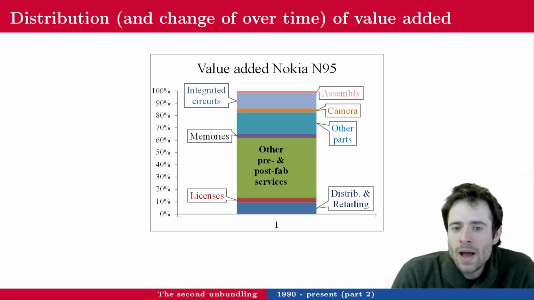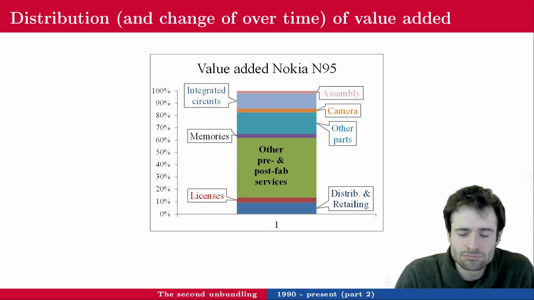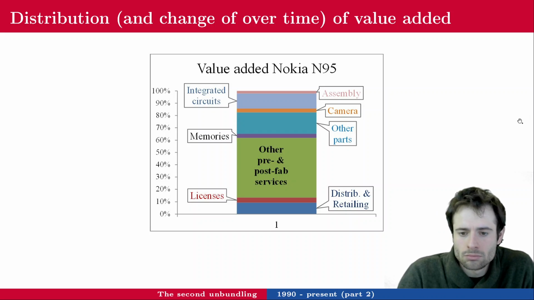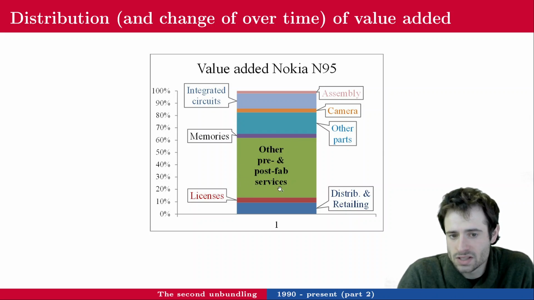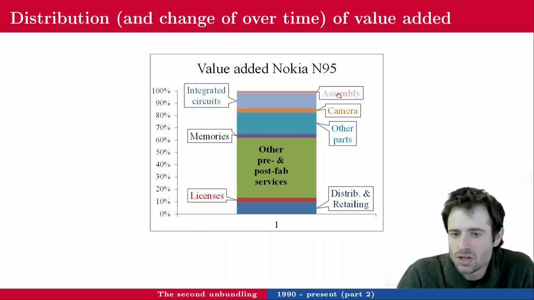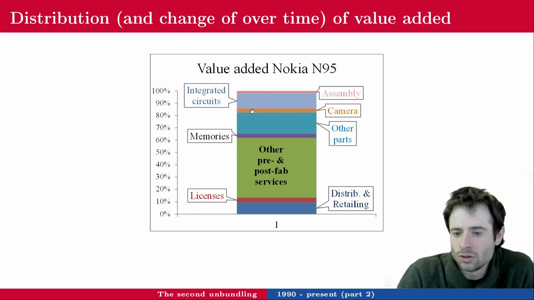And the value added that goes into the production of a Nokia N95, which is not a mask, has changed a lot. You can see that the green part here is mostly services. Camera, assembly, other parts are pretty much the primary sector. Integrated circuits, camera are pretty much assembly sectors, so manufacturing sector.